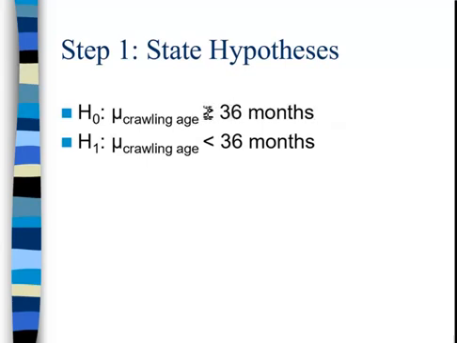I know we're using the greater than or equal, but it's just sort of a technicality. What it means in the real world is that we would expect no difference between our sample and the population, under the assumption that the null is true. Whereas alternatively, we expect our sample mean to be less than our population mean. Okay? Don't worry if that was a little hard. We're going to do a couple more.